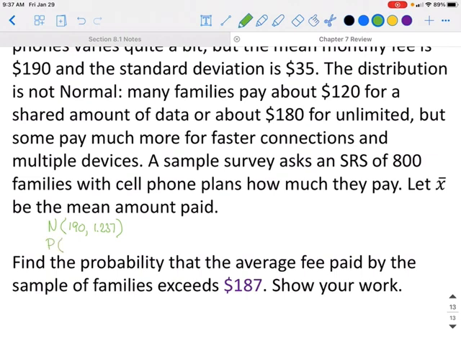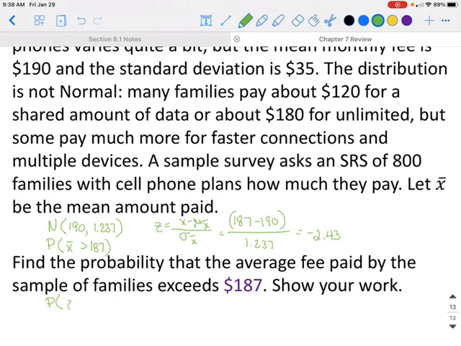We're trying to find the probability that the X bar will exceed or be greater than 187. To do this, we are going to find our z-score. So x minus mu sub x bar all over sigma sub x bar. So 187 minus 190 all over that 1.237 is going to give us a z value of negative 2.43.